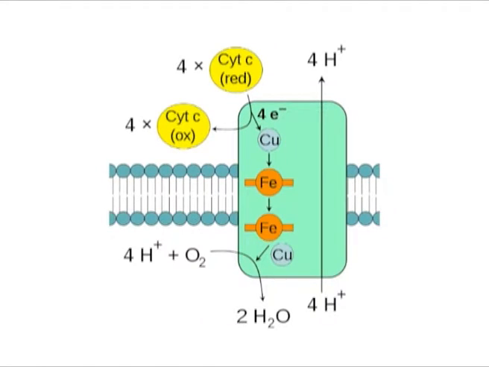The cytochromes hold an oxygen molecule very tightly between the iron and copper ions until the oxygen is completely reduced. The reduced oxygen then picks up 2 hydrogen ions from the surrounding medium to produce water.